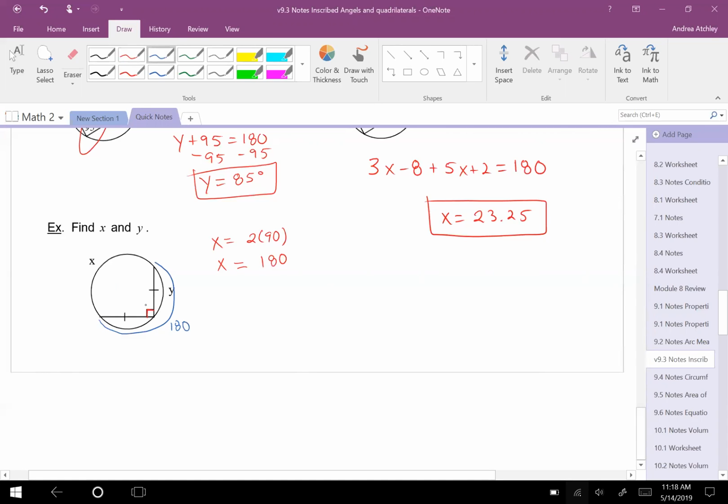And since these chords are congruent, that means these arcs are also congruent. So y is going to be half of 180, so y equals 90 degrees. Any questions over that? We're all good?